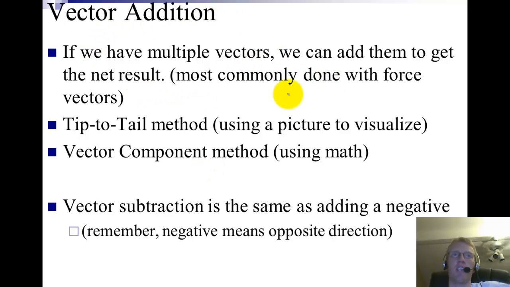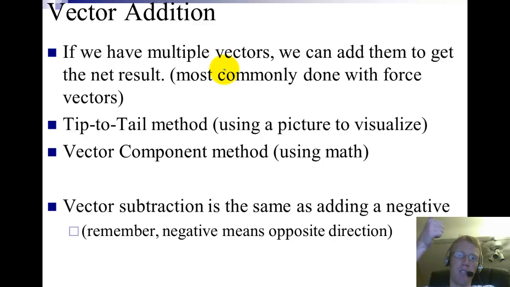All right. Once you've broken everything into its components, how do you get the total of everything? How do you add them up, so to speak? You're going to treat it just like we did with one-dimensional stuff. Stuff going to the right is positive, stuff going to the left is negative, although on your video that might have been reversed. Anyway, right is positive, left is negative, and then you add up the total horizontal forces to get the F net horizontal.